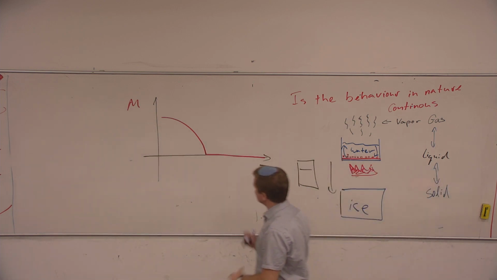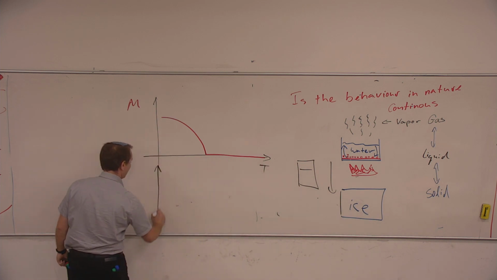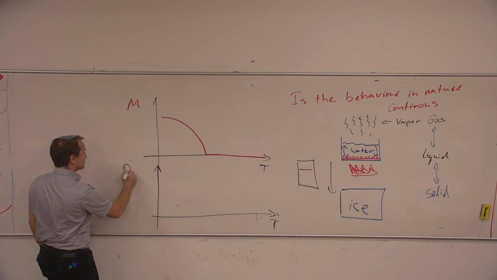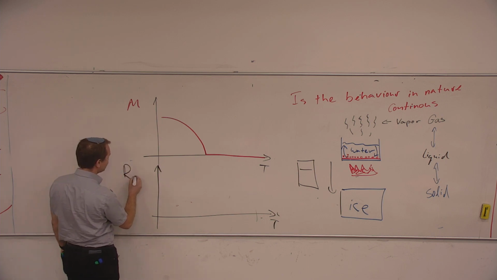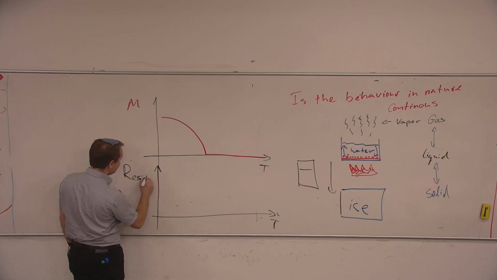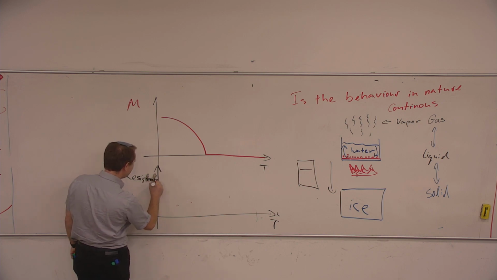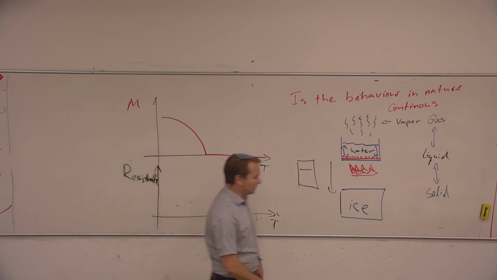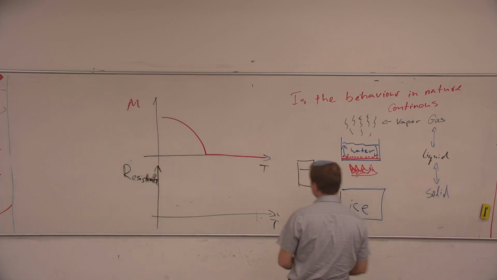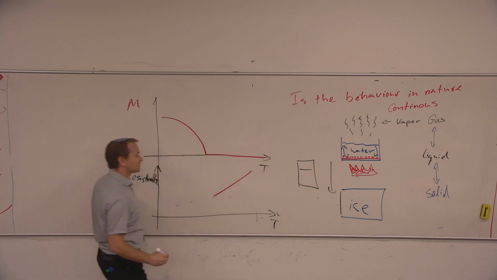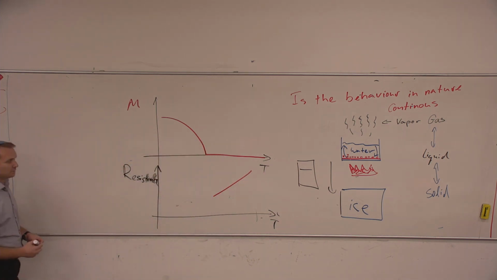There are systems, okay, if you look at them as a function of temperature, and this is resistivity, or resistance. Okay. And we look at this resistance as a function of temperature. So we know resistance grows with temperature.